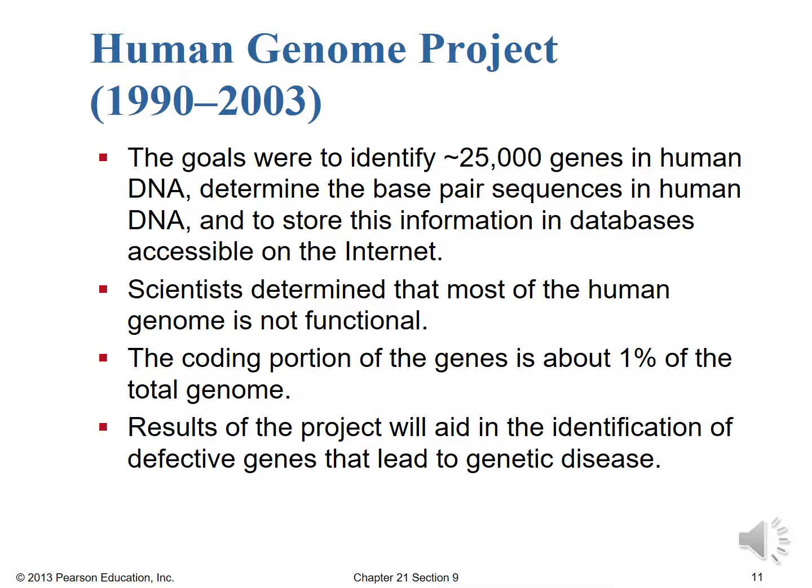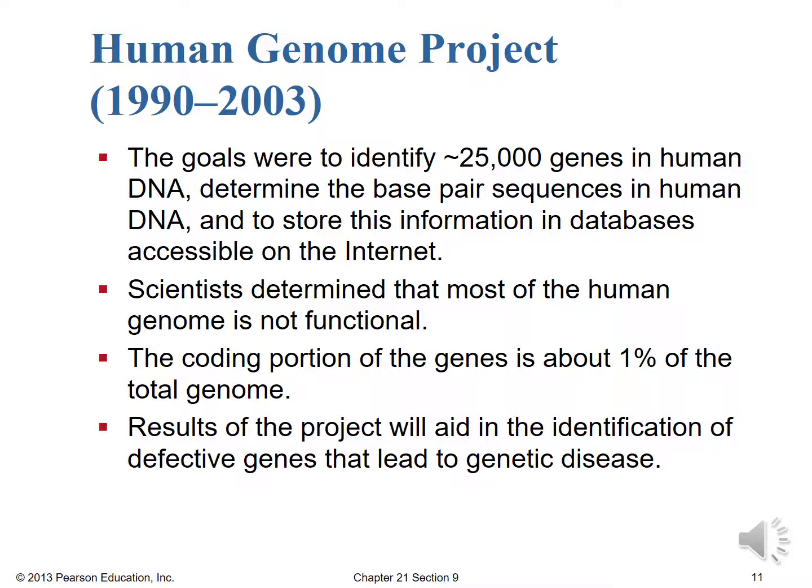So you need a lot of nonsense, a lot of non-functional genome, so that you're not losing critical information as you're losing the ends of those chromosomes with each cell division. The coding portion of the genes is about 1% of the total genome. That sounds ridiculously small, but again, nature has evolved that way for a reason. It probably is a very safe thing to preserve those actual functional genes across about 1% of that overall genome.